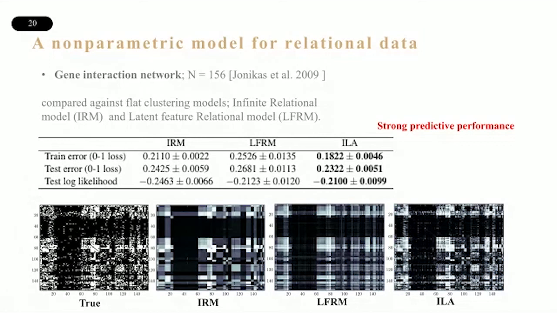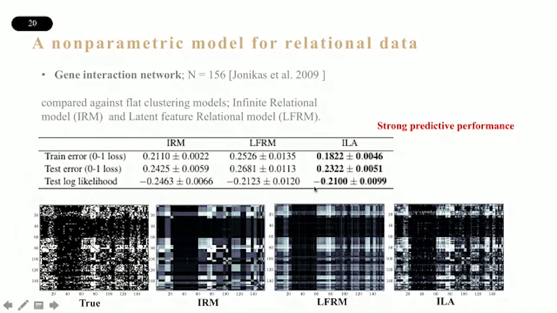I compare this hierarchical model to models that assume flat clustering. The first is the infinite relational model, which assumes only non-overlapping clusters, while the second is the latent feature relational model, which assumes only classes, multi-membership classes.